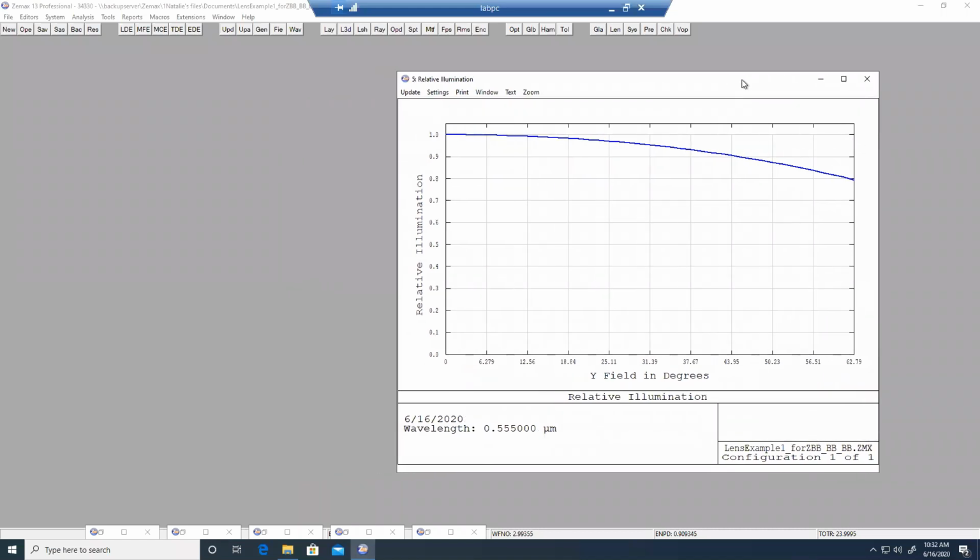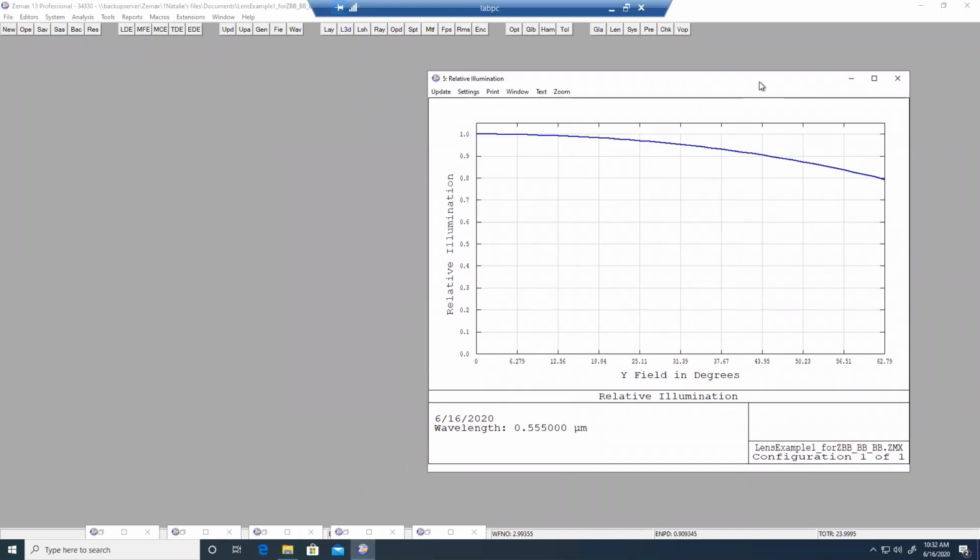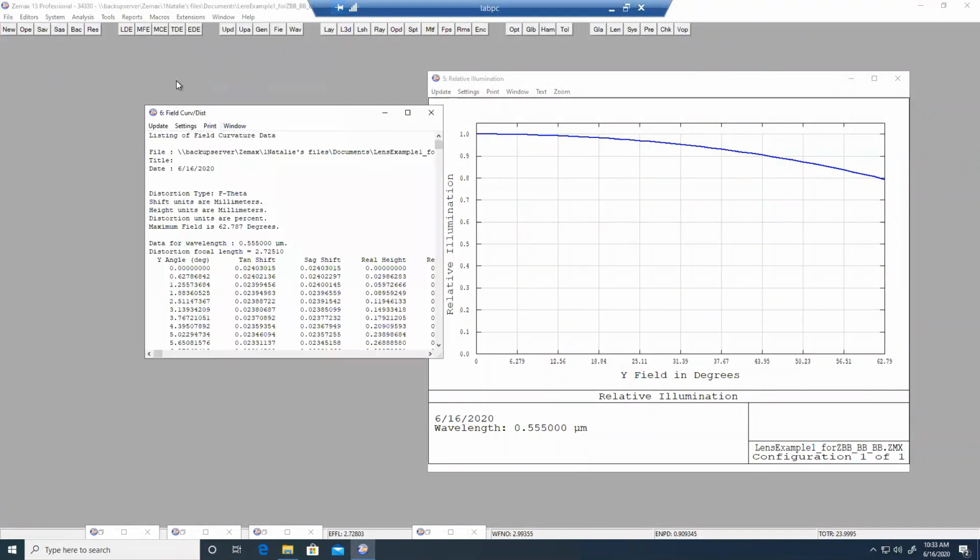Yeah, in this case, the relative illumination isn't so much dependent on the pixel size. It's more correlated to the sensor dimensions. For example, I think I have distortion graphs here.